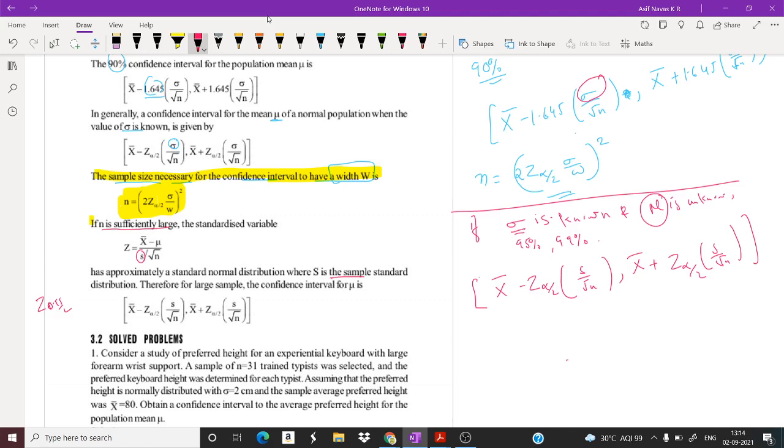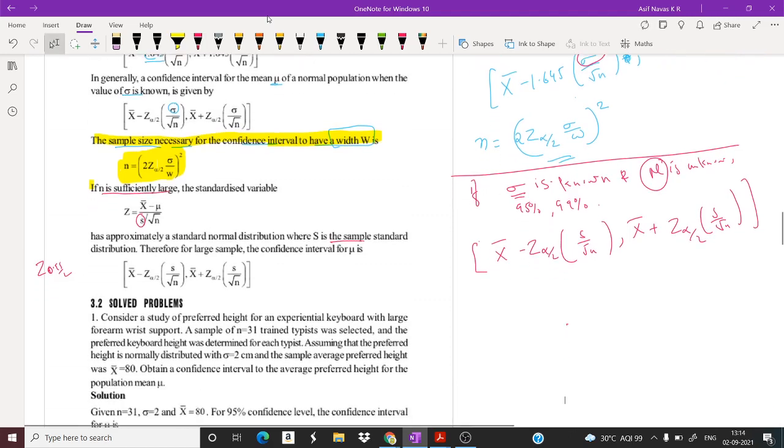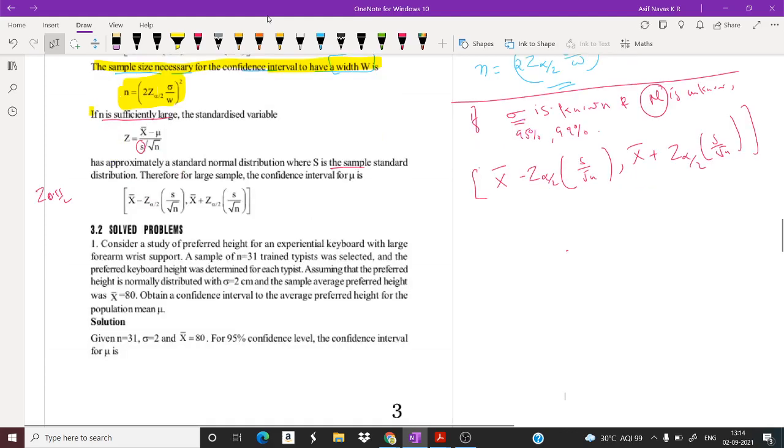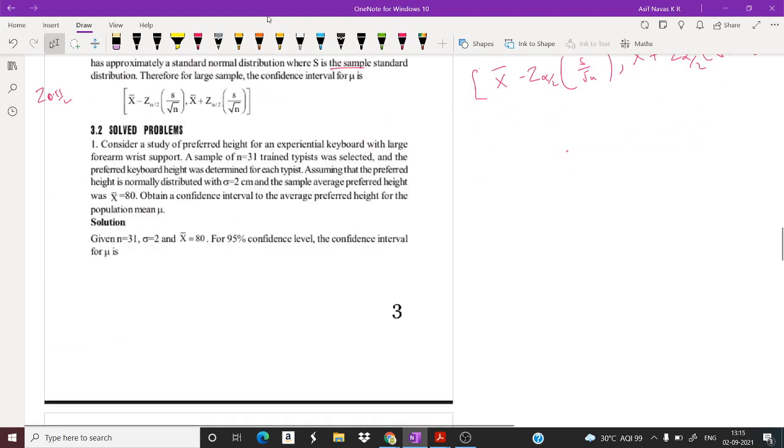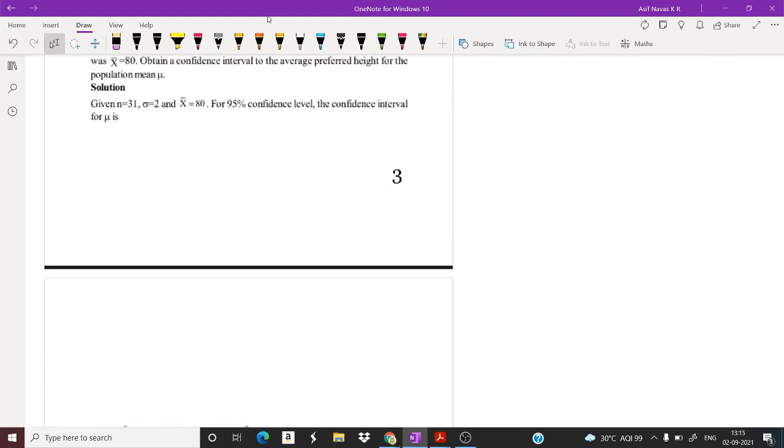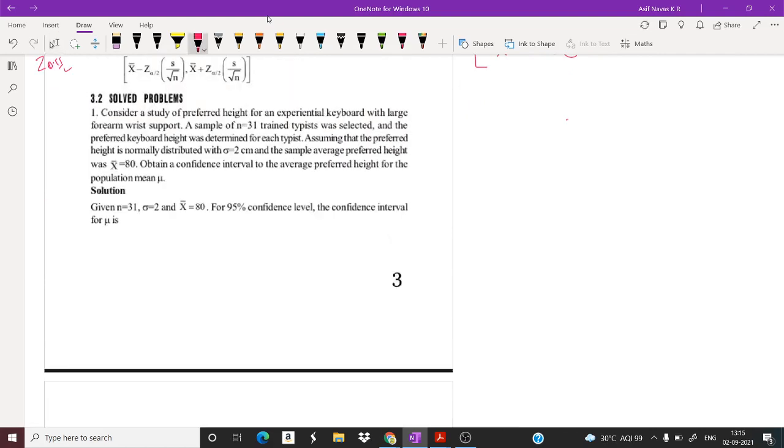Okay, so we can do a problem. Problems are very easy. Consider a study of preferred height of an experiential keyboard with a large forearm wrist support.